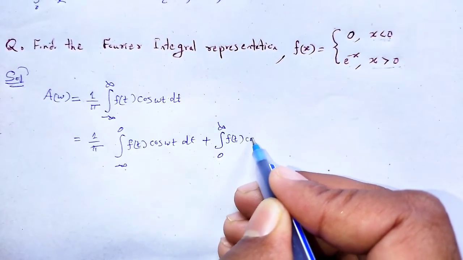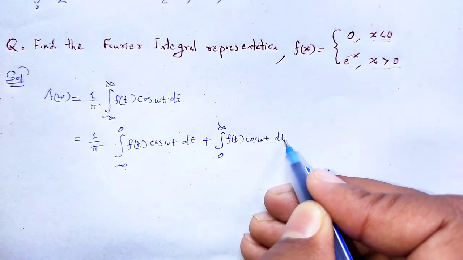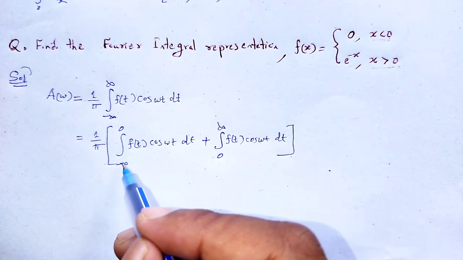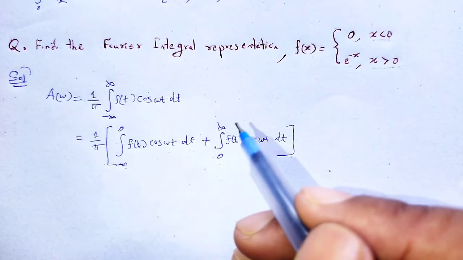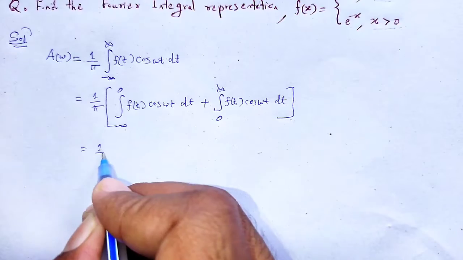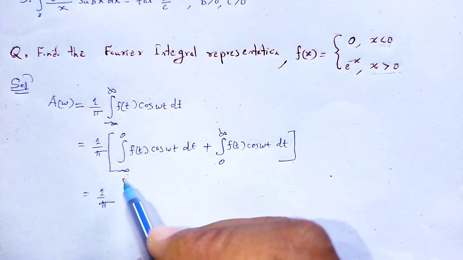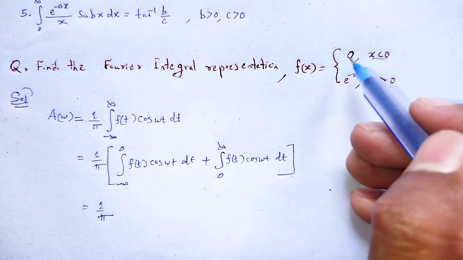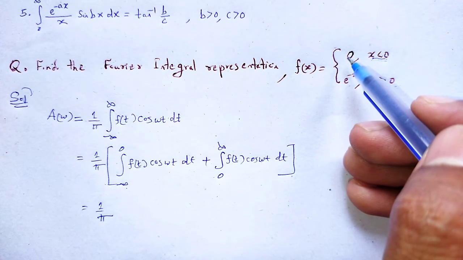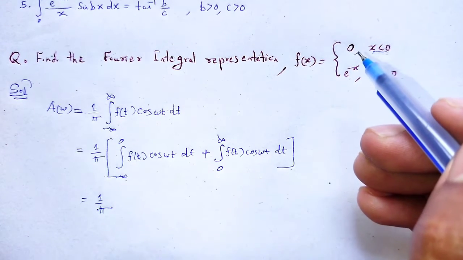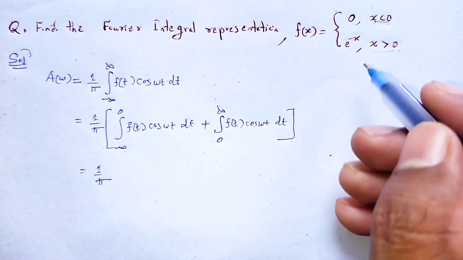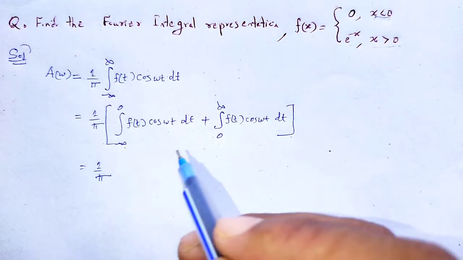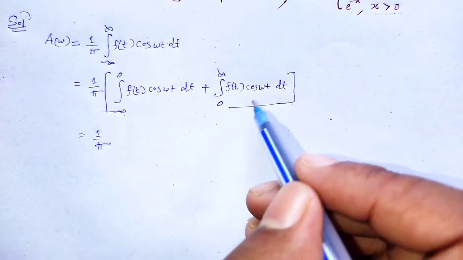Under minus infinity to 0, x is less than 0, so the function will be 0, and only the second term exists.